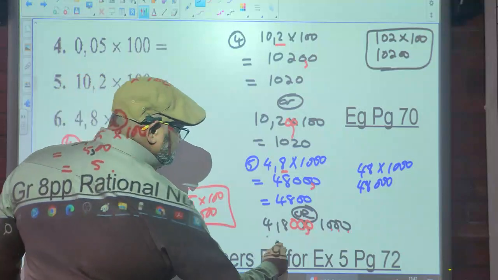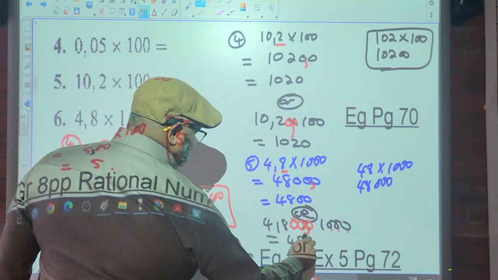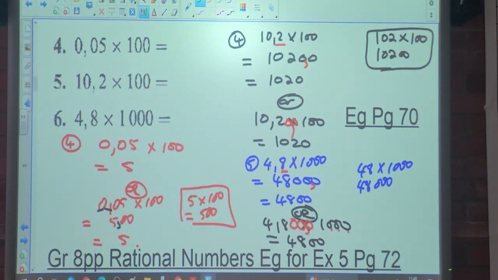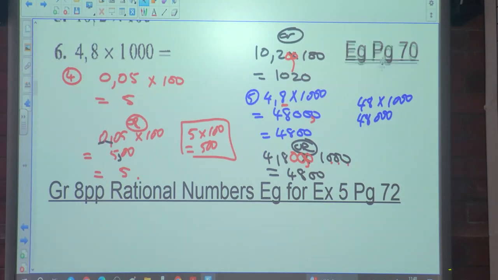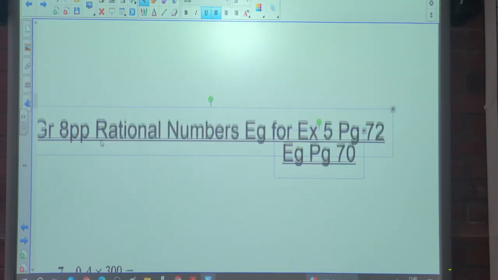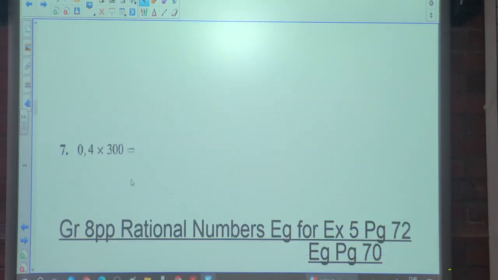So the answer is 48 and there are 2 zeros. 4,800. So either way, whichever makes more sense to you, you can apply. If you apply both in the exam, we only mark the first one. You're not going to get extra marks.